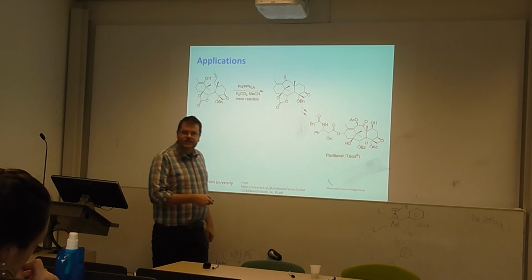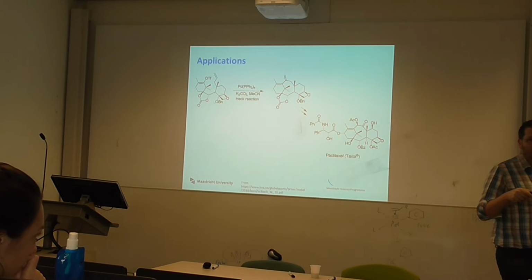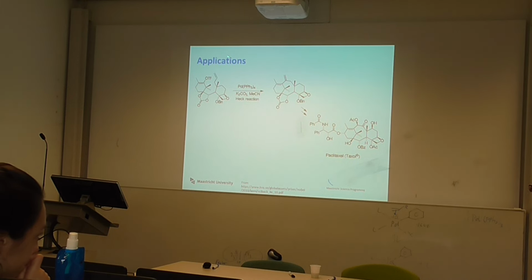So a very important step. Now ask yourselves again, using classical organic synthesis, how would you build a ring like that? It would be very difficult because it's a 1, 2, 3, 4, 5, 6, 7, 8-membered ring.